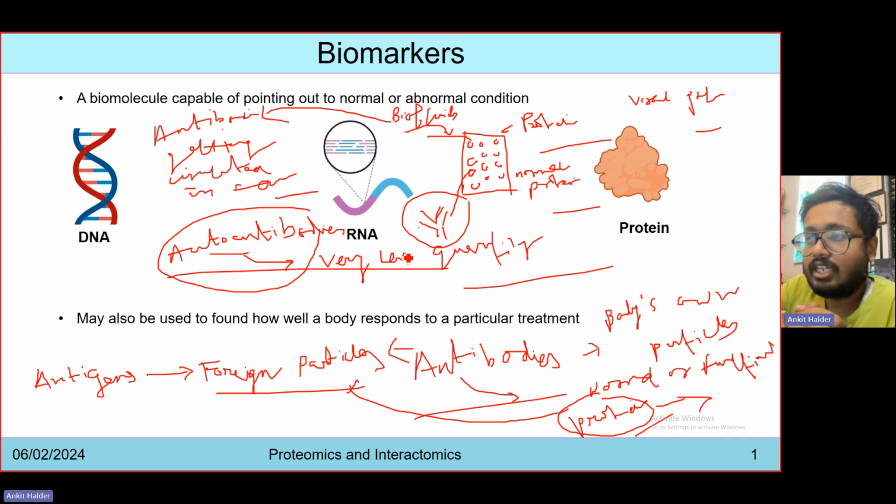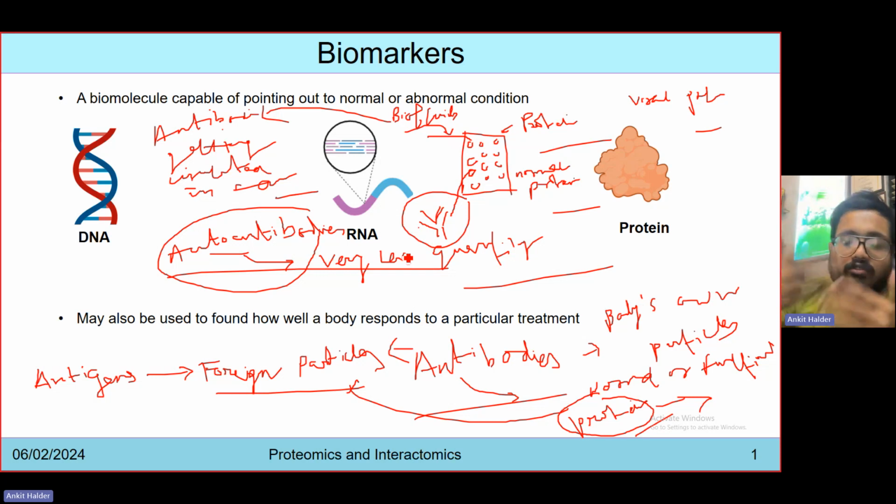It can also be used to find out how well the body is responding after a particular treatment, which we can learn from a particular biomarker. So now we will look into the considerations for deciding whether something is a biomarker or not.